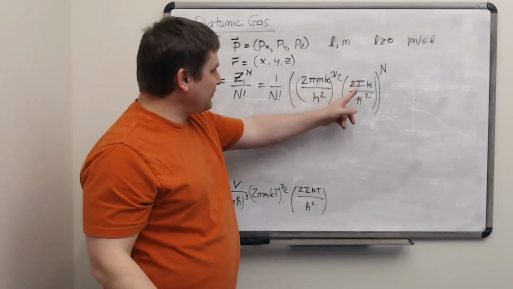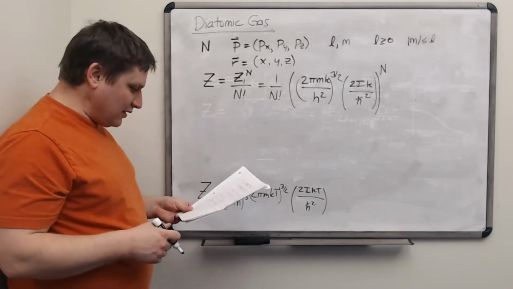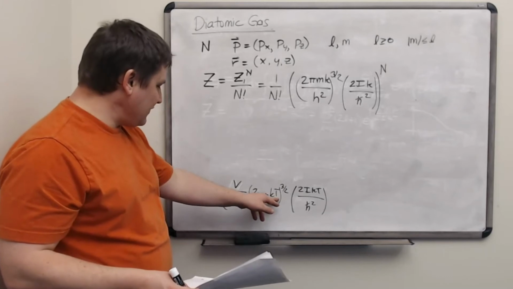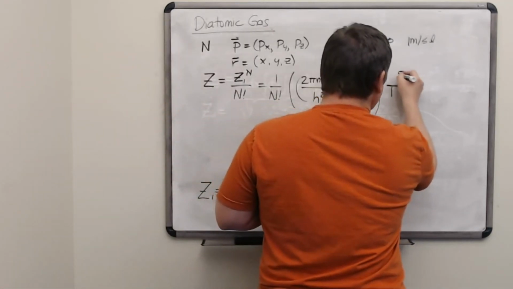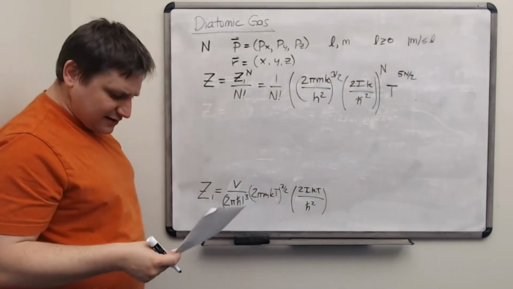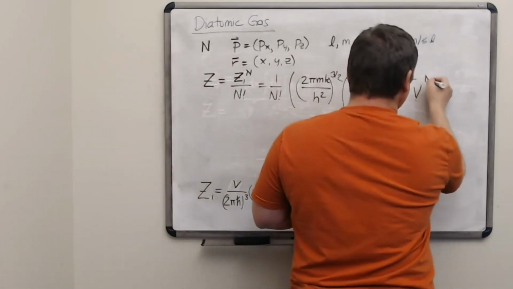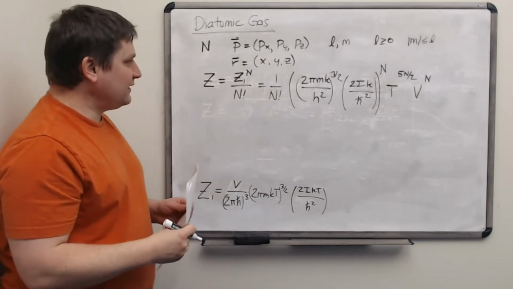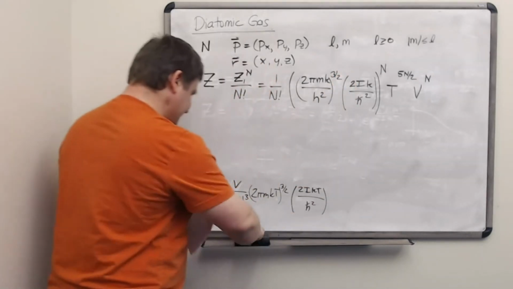Mass, moment of inertia, Boltzmann's constant, Planck's constant. That's all raised to the N power, which is not very interesting. So then we have temperature here to the 3/2 and 1, so we'll have temperature to the 5N over 2, since we raised it to the N. And then we've got volume here. It will be volume to the N power. All right, so there is our partition function for the ideal diatomic gas in the high temperature limit.